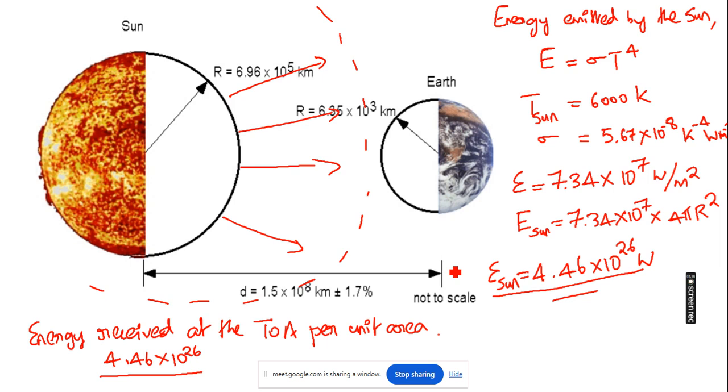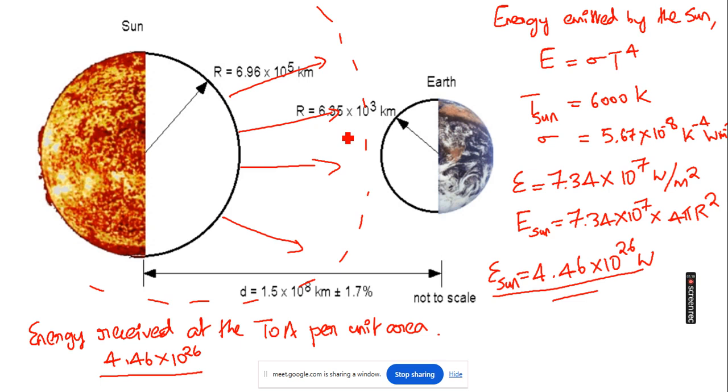I think the radius of the earth is around 6,400. What is the radius of the earth? Probably 64,000 kilometers or something, right? It is given, right? The value is around 6.35 into 10 raised to 3 kilometer. So it is not very less compared to the distance of the earth.